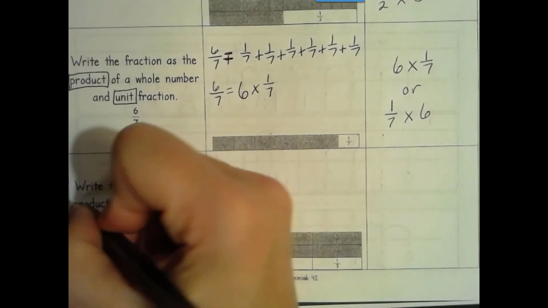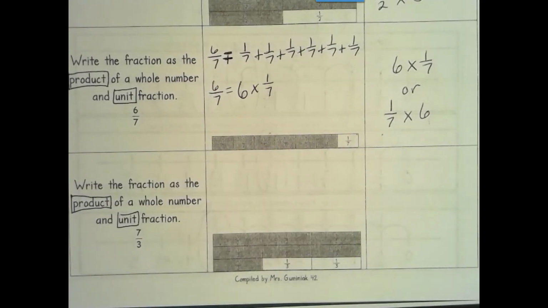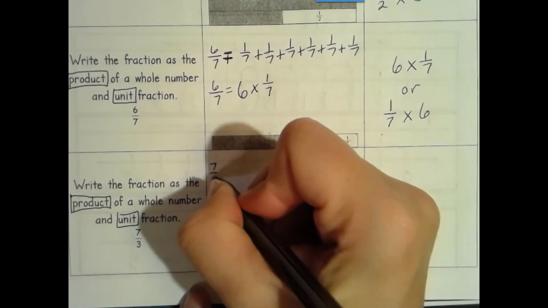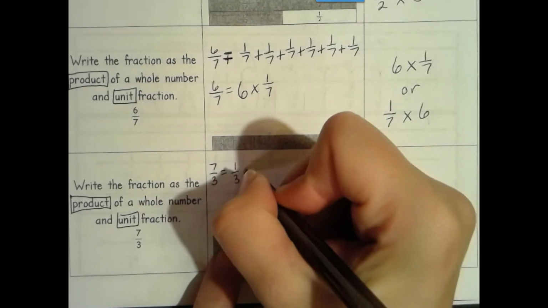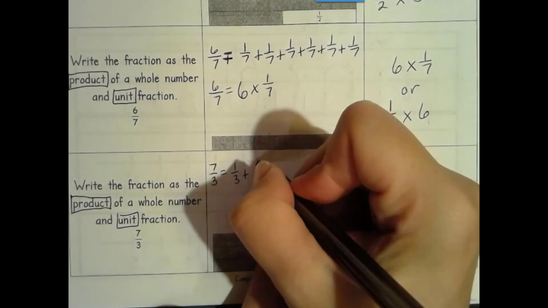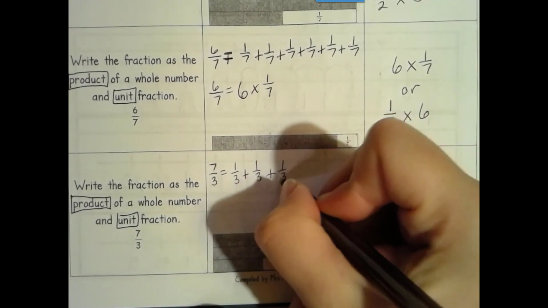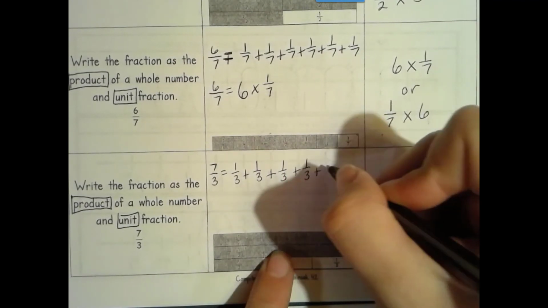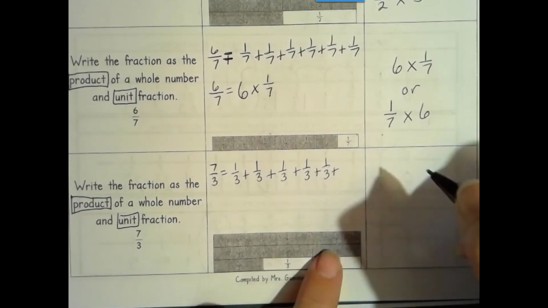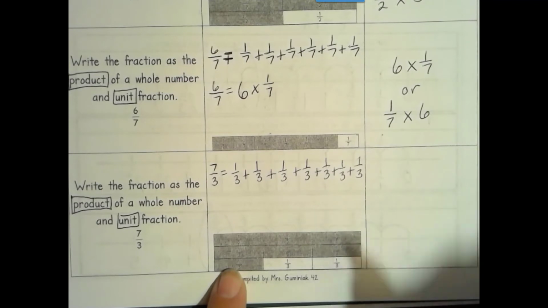Okay, our last one, we're going to write a product of a whole number and a unit fraction. I'm going to decompose 7/3. So we have 1/3 plus 1/3 plus 1/3 plus 1/3 plus 1/3 plus 1/3 plus 1/3.